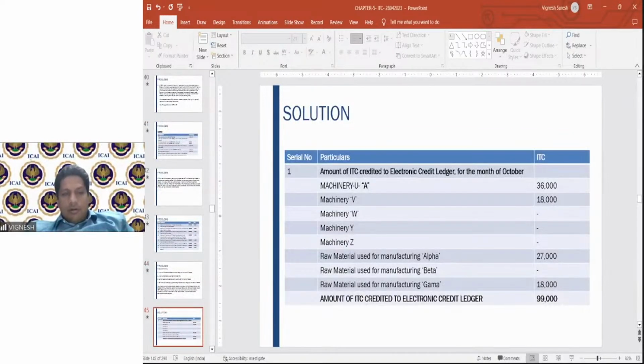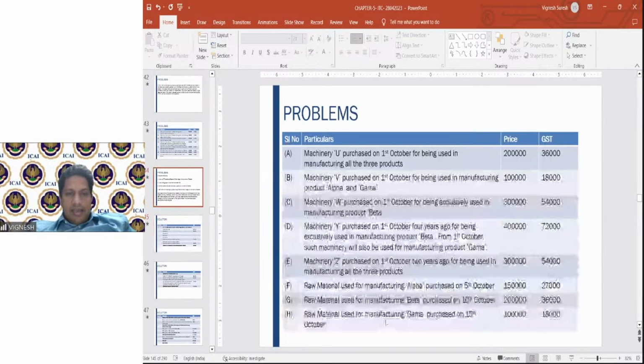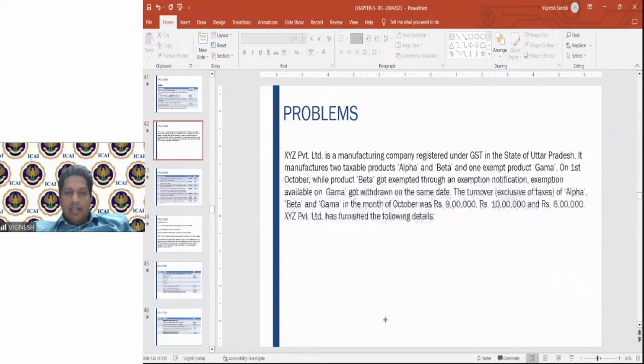Fine. So therefore, let us see what are the various points here. First one, if you look at the problem, he says machinery U purchased on 1st October. So here what exactly is happening? He is manufacturing totally 3 products. 1st October, what is happening? Exemption got withdrawn for gamma, and beta got exempted.